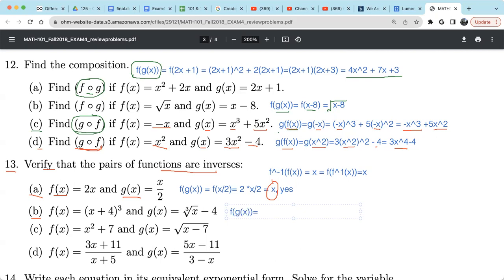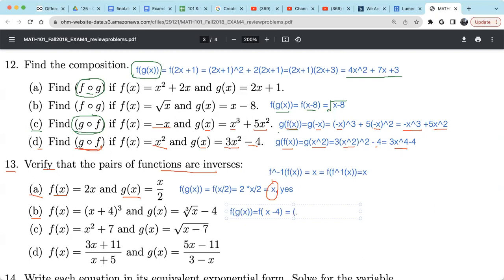F composed with g, so f takes g as input, and g is defined as the cubic root of x minus 4. I'm going to add the cubic root of x later, all right? I have to use pencil to do that. So what does f do to the input? F raises the input to the power of 3.